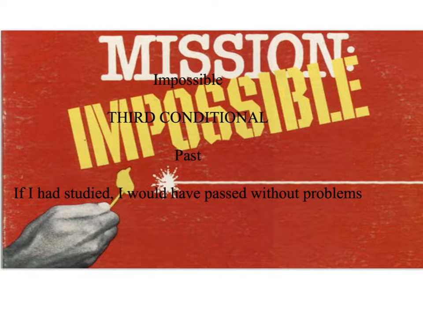If we have a look at third conditional, you have to pay attention to the fact that it's the only one that deals with the past. Okay, we're talking about something that happened.